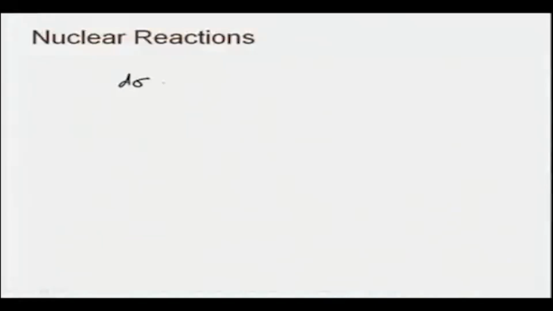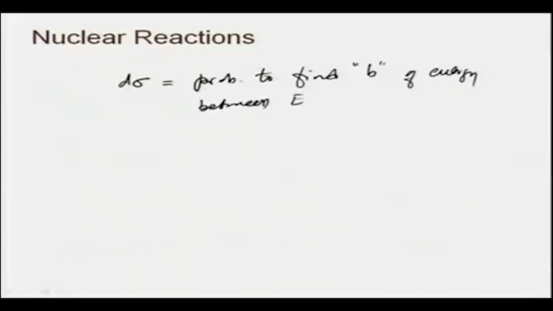Suppose we consider such a case, and define d sigma as the probability to find a B particle of energy between E and E plus dE.